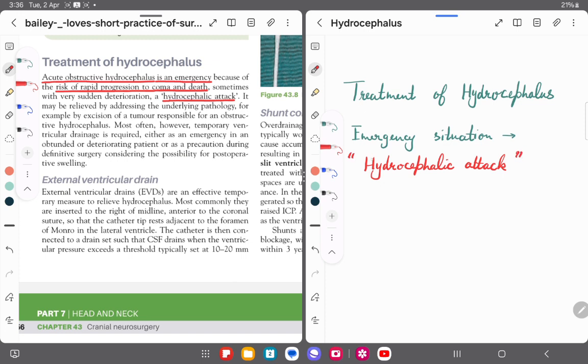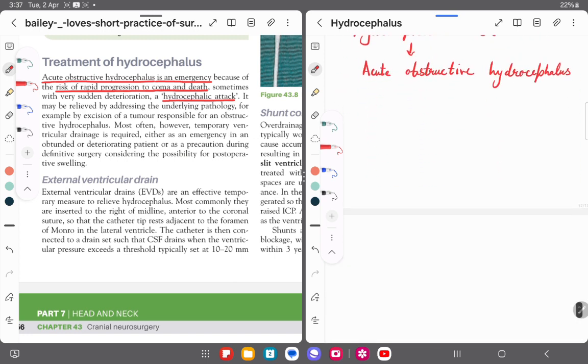Hydrocephalic attack, which is acute obstructive hydrocephalus. It has a risk of rapid progression to coma and death. It may be relieved by addressing the underlying pathology, for example, by excision of a tumor. Most often, however, temporary ventricular drainage is required.